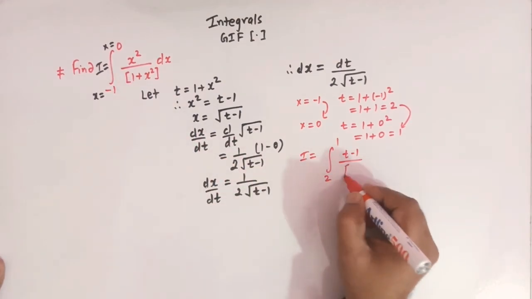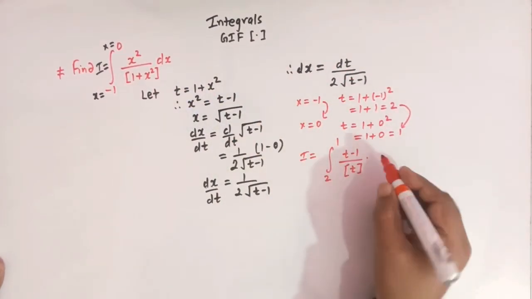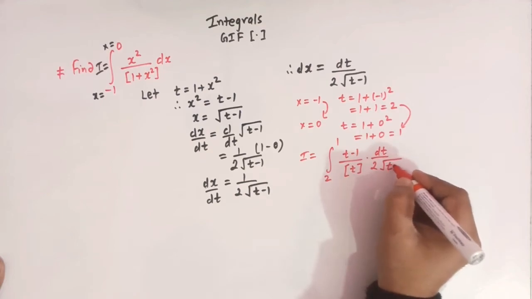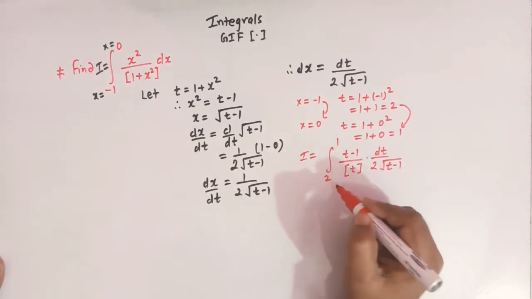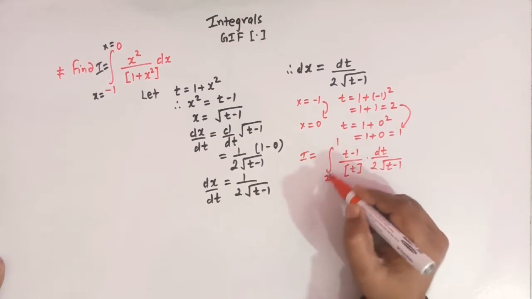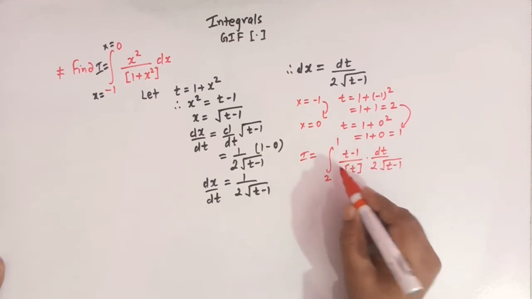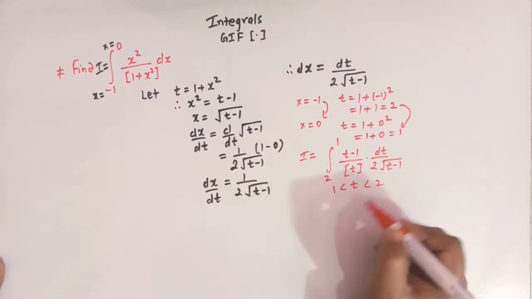For dx we write dt over 2 times square root of t minus 1. Here the value of t varies from 2 to 1, which implies that t lies between 1 and 2.